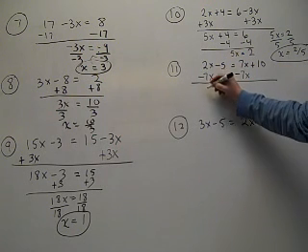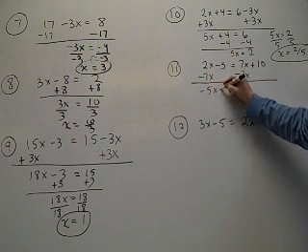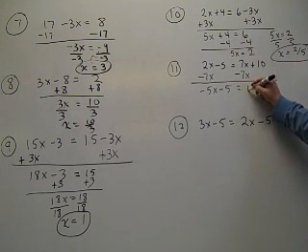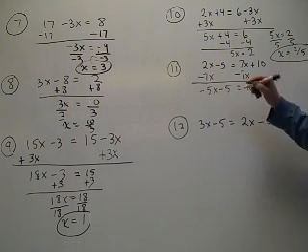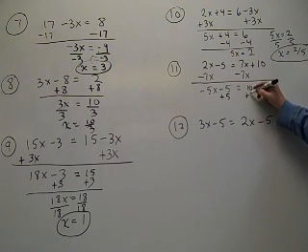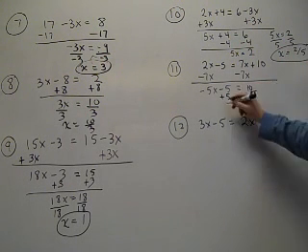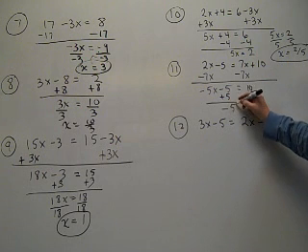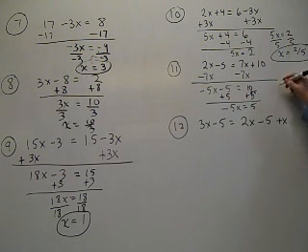So that ends up with negative 5x minus 5 equals 10. Now I need to get all the numbers over here. I have to get rid of this 5, but if I get rid of this 5 by adding 5, I have to add 5 on the other side. I've got negative 5x equals 15. Let me rewrite this over here so we can divide both sides by negative 5.